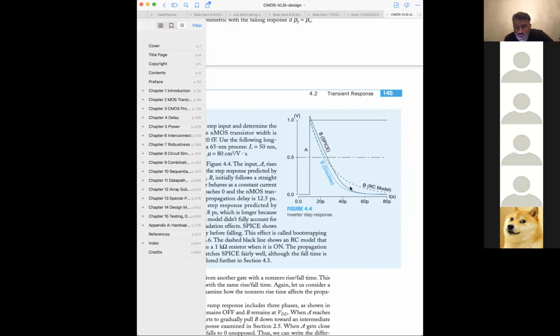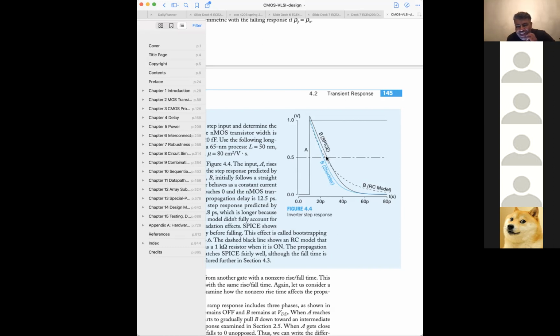But if you just did a prop delay calculation, from the 50% point of the input to the 50% point of the output, so around 25, 30 picoseconds, it's a pretty darn close value between all those three.